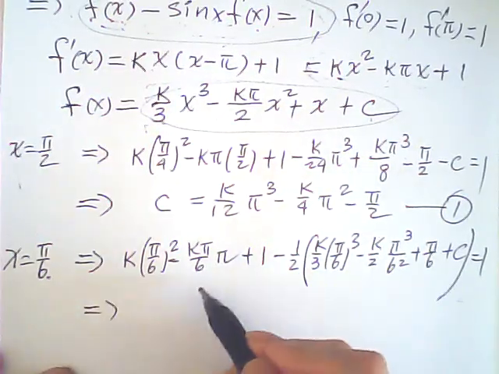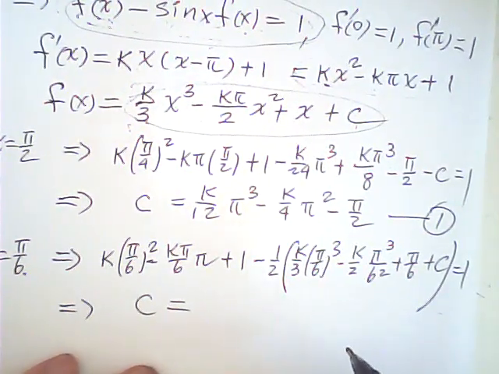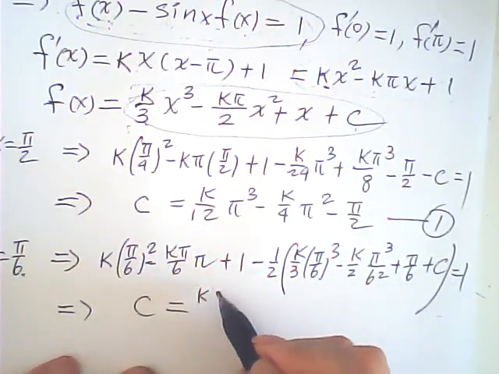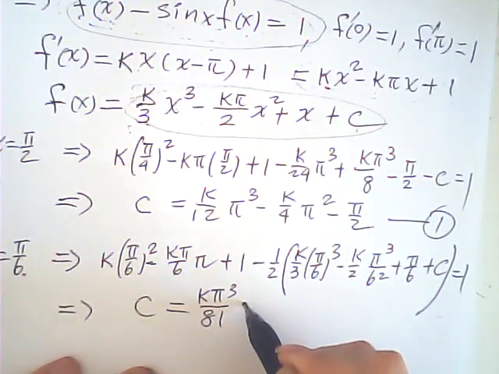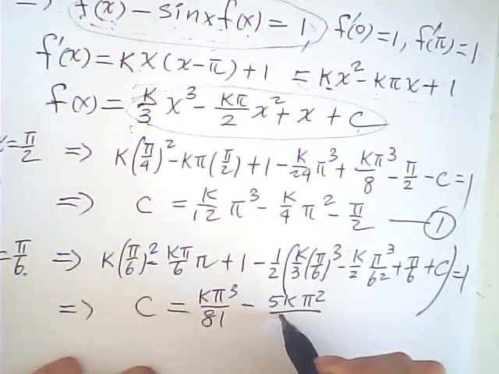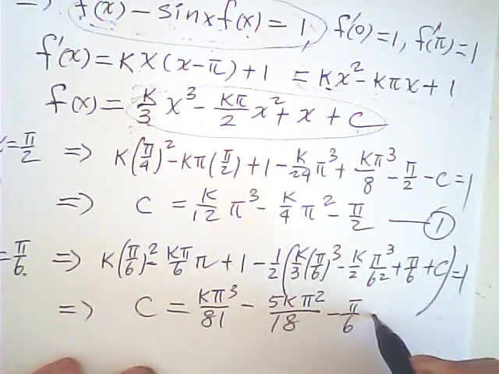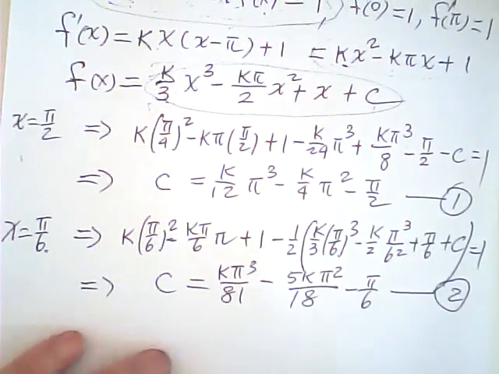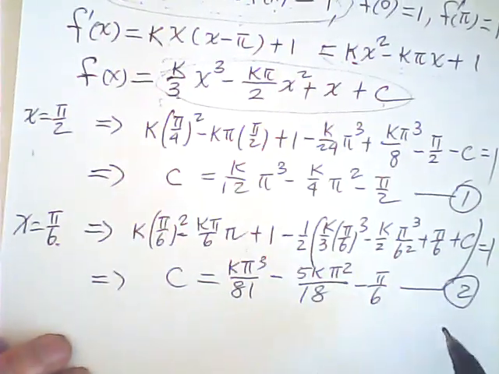From this equation, we can find c is equal to k pi cubed over 81 minus 5k pi squared over 18 minus pi over 6. That is equation 2. Well, equation 1 is this, equation 2 is that.